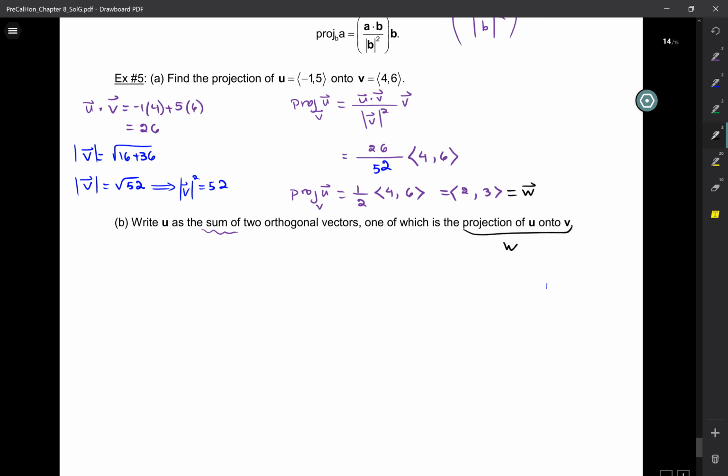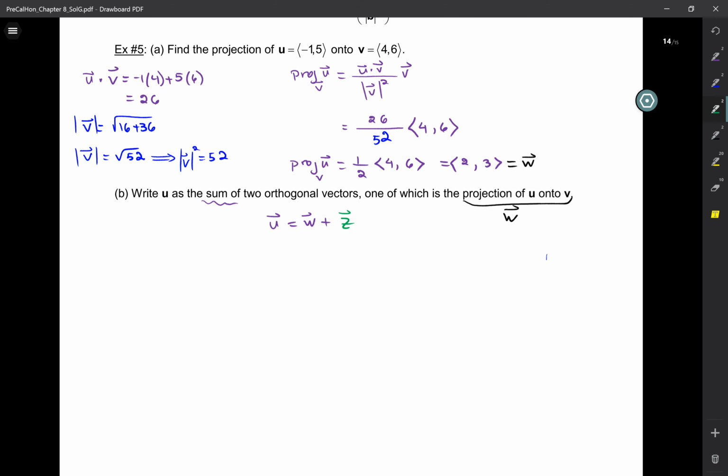That's W. So what I want is vector U to be the sum of two orthogonal vectors, one of which is W. So W plus some other vector, let's just call that Z. Okay? So it just says to write U as the sum of two vectors, but you want one of them to be that W vector.